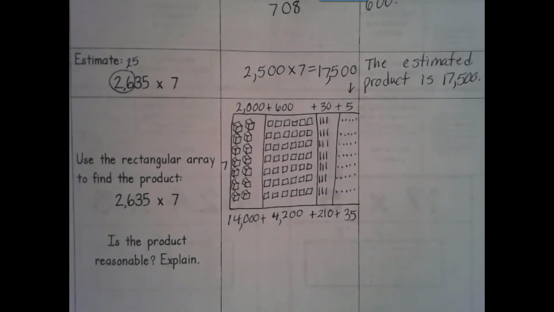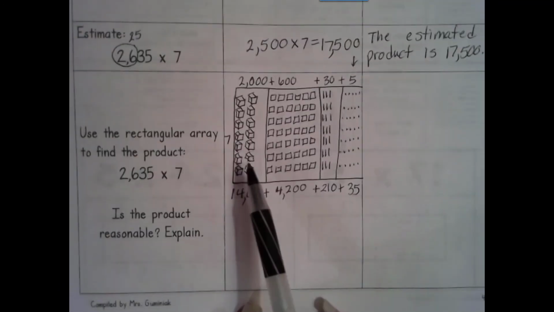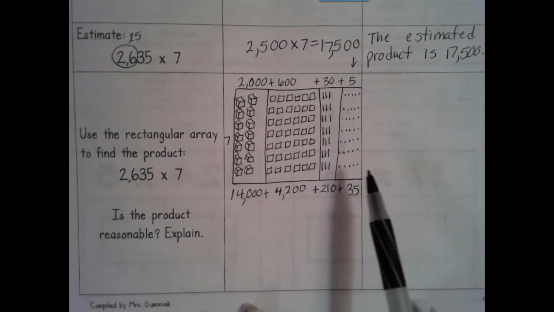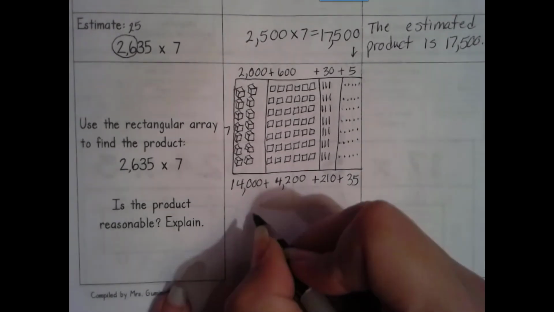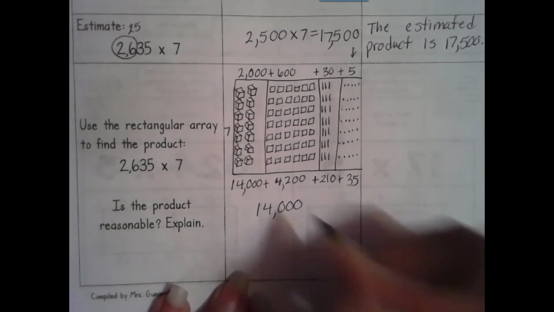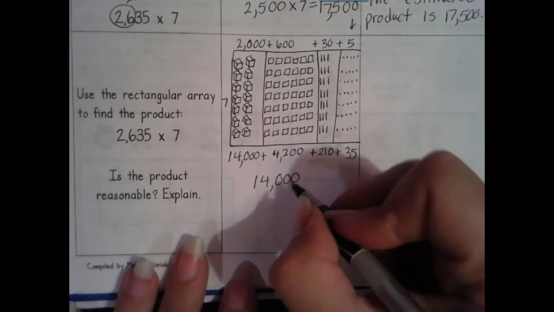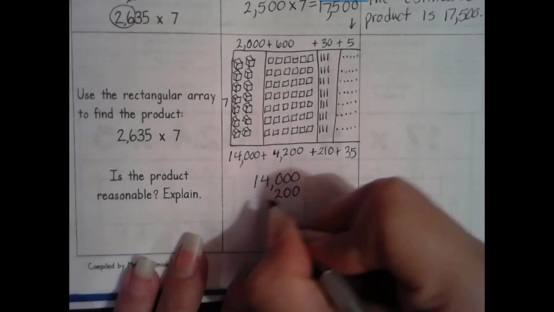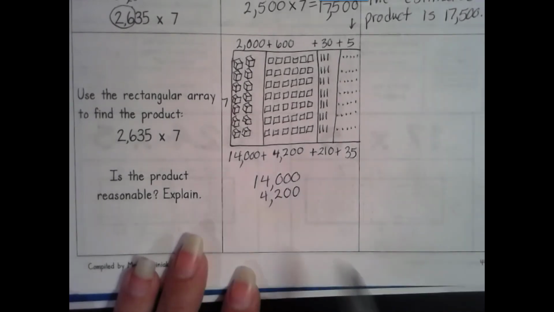So now we have our partial products. We found 7 groups of 2,000, 7 groups of 600, 7 groups of 30, and 7 groups of 5. We need to add these together. Make sure we line up from the ones every single time.